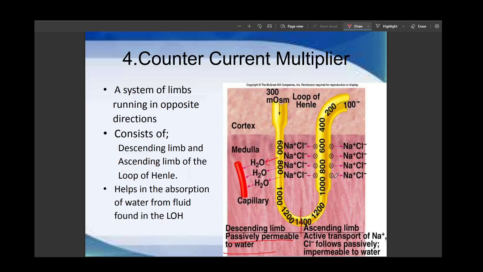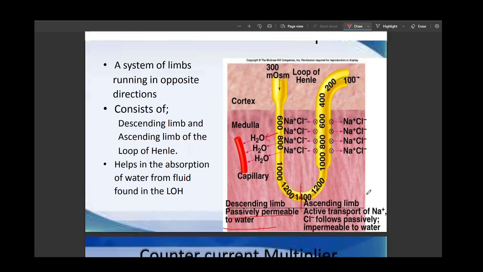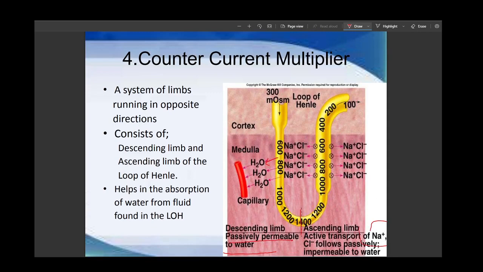Basically, we are pumping out sodium by active transport, and the chloride follows it passively, and because of that our osmolarity in milliosmoles falls. Okay, and we finally go to 100.